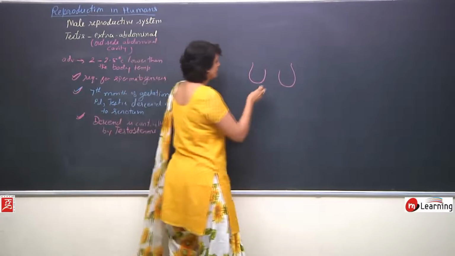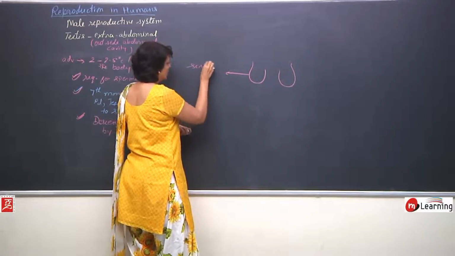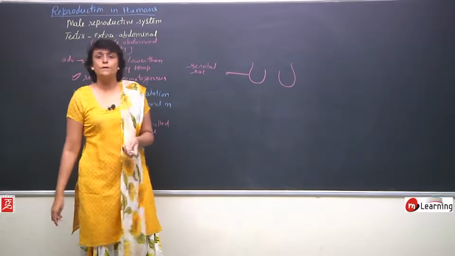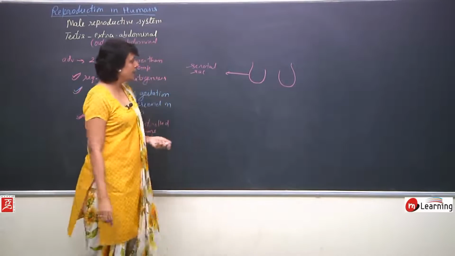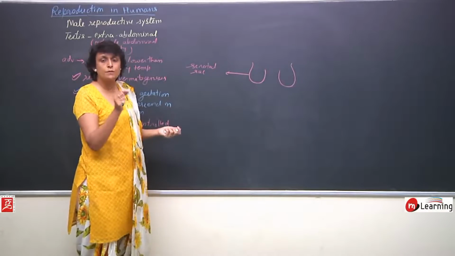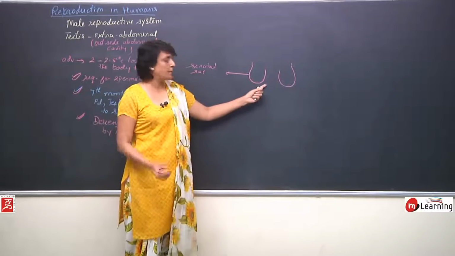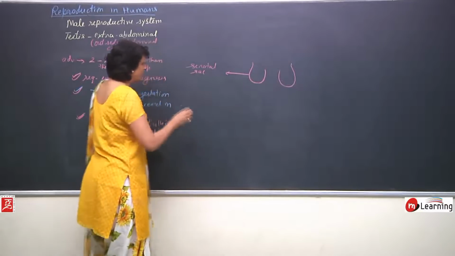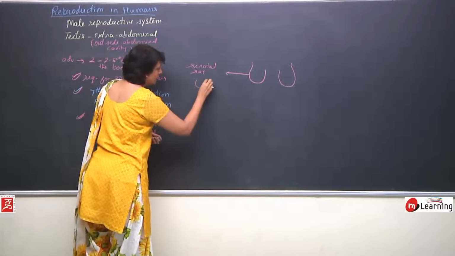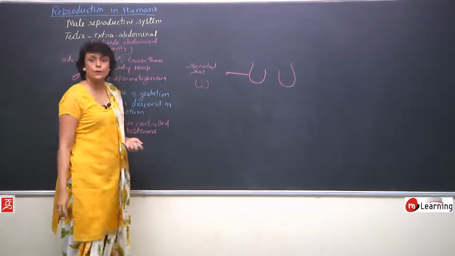This scrotal sac is made up of loose skin, and there is a scar which is visible between these. If we actually show the scrotal sac, there are 2 and there is a connection between the 2.